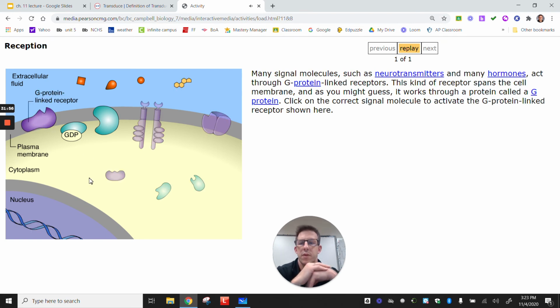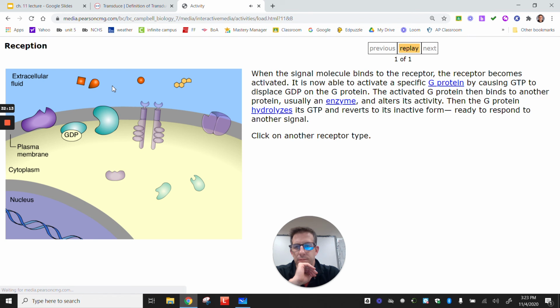Many signal molecules, such as neurotransmitters and many hormones, act through G protein linked receptors. This kind of receptor spans the cell membrane, and as you might guess, it works through a protein called the G protein. Click on the correct signal molecule to activate the G protein linked receptor. When the signal molecule binds, the receptor becomes activated.